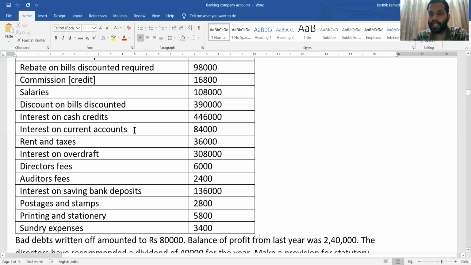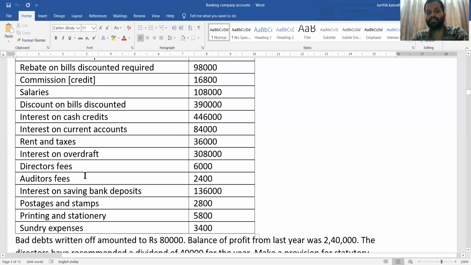Interest on current account is an expense to the bank because the bank is giving interest to the customer. So schedule number 15. Rent and taxes, operating expenses, schedule number 16. Interest on overdraft, it is an income to the bank. So schedule number 13.